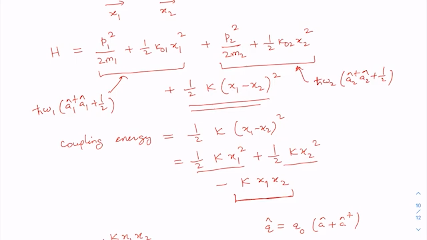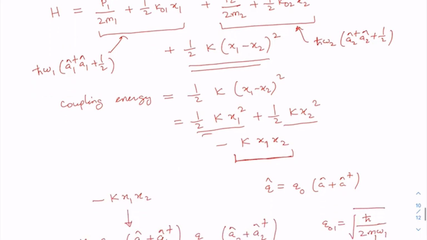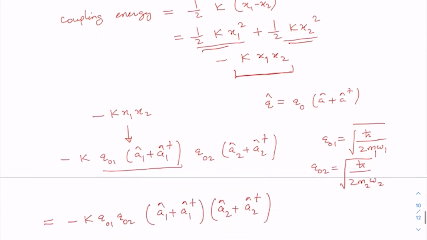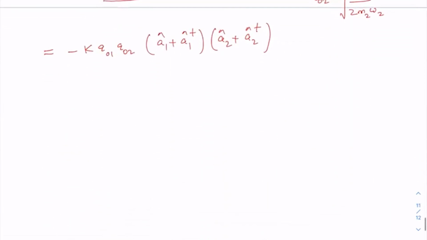We are going to neglect these two terms because they just change the spring constant of the individual springs. So the total quantum Hamiltonian for this classical system in the quantum regime would be h cross omega 1 (a1 dagger a1 plus half), but let me ignore the half because that is a constant term.